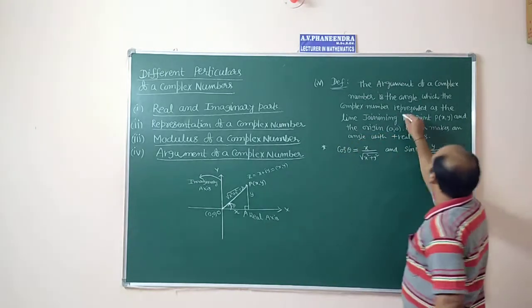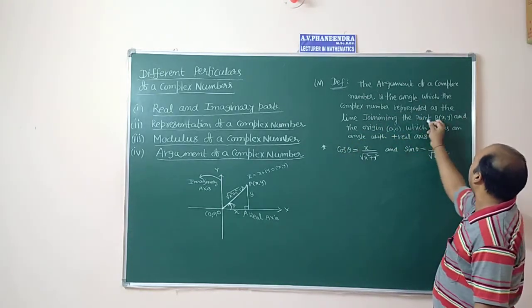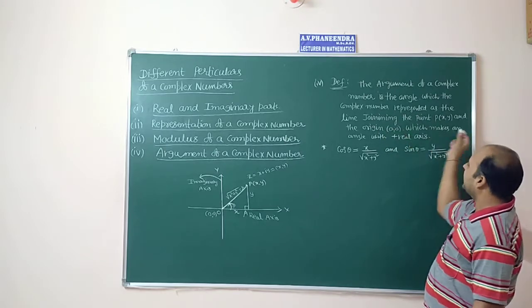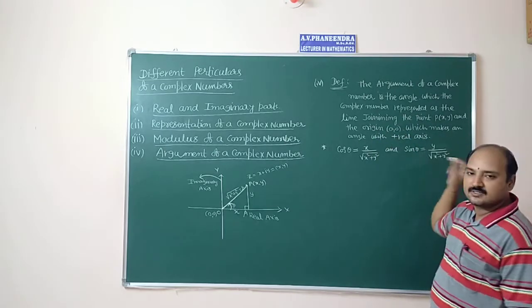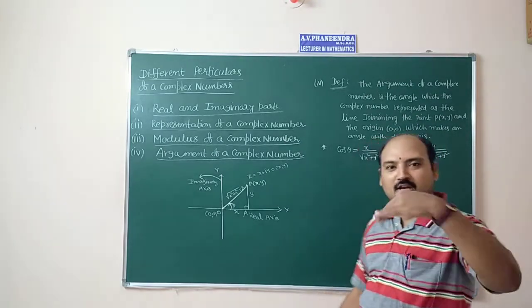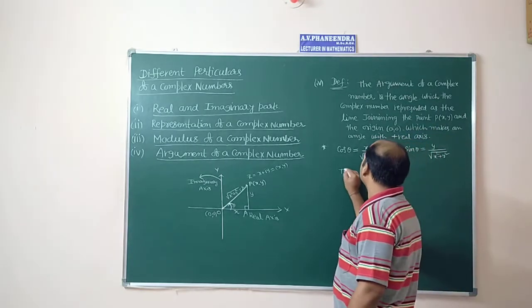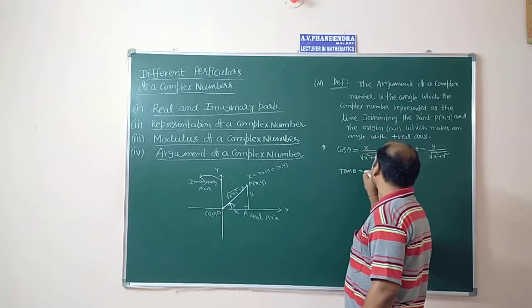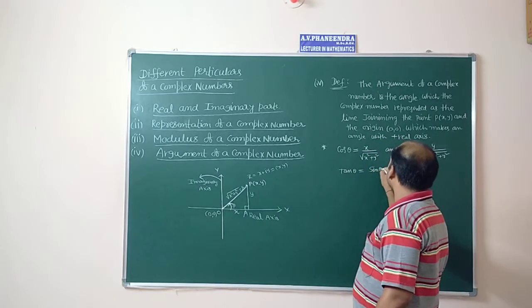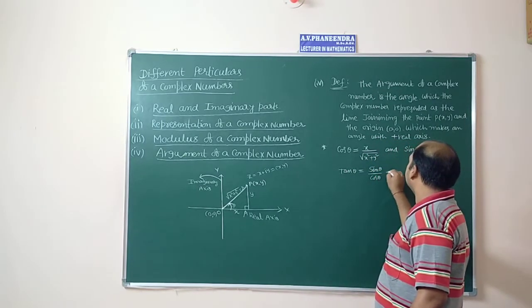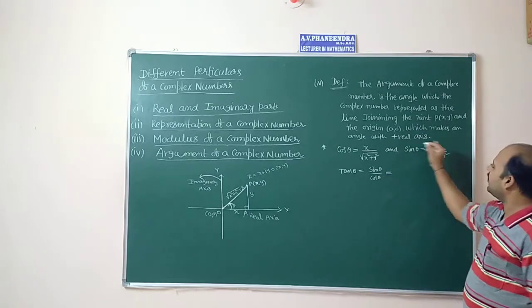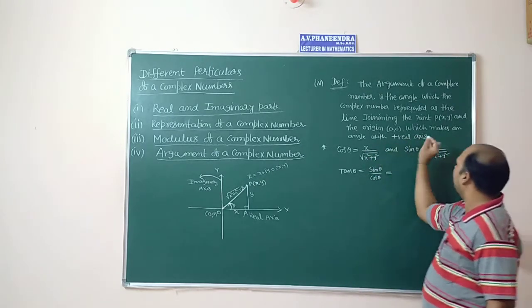Here they mentioned the line joining the point and origin makes an angle with the positive real axis. Whenever two points are there, an angle will be there. You can calculate the slope. Slope is denoted by what? Tan theta. So tan theta is sin theta by cos theta, and the denominators will be cancelled. It will become y by x.